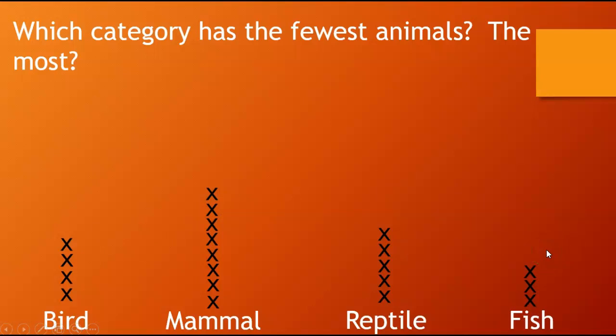Very good. So the fish has the fewest animals. So which one has the most? I want you to point to which one has the most. Did you say mammal? If you did, good job. They have the most. It's the tallest line here, and it has the most picture marks.